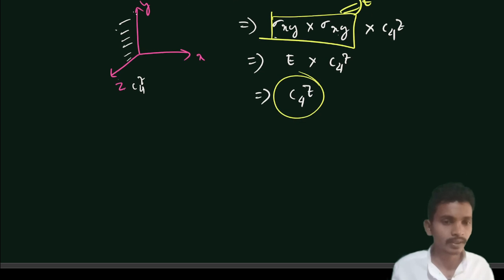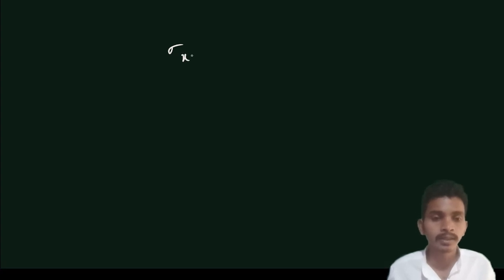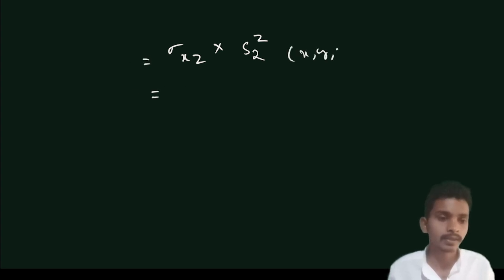And similarly, let's practice one more. If you do sigma xz into, let's say, S2z, on this xyz, what will happen? Sigma xz, and this means C2z into this.